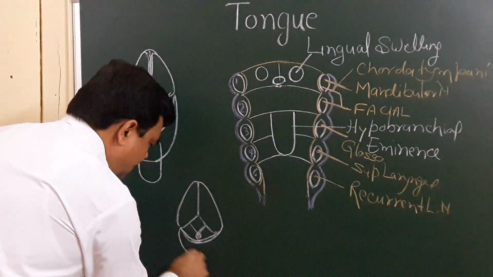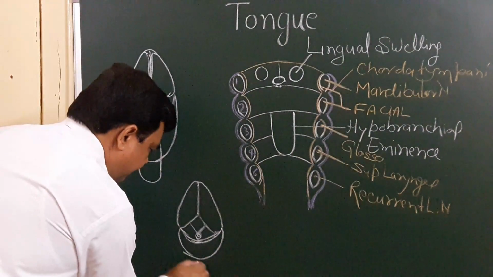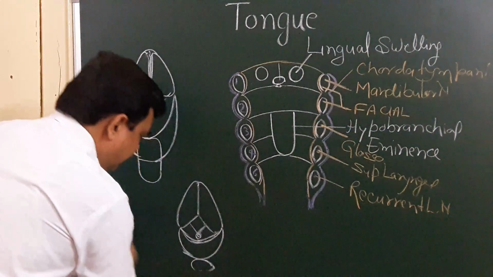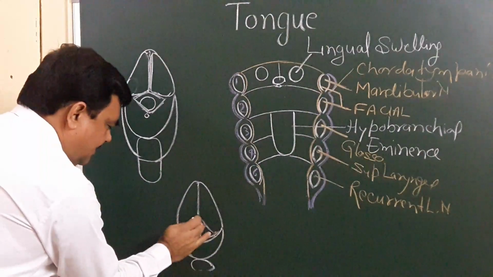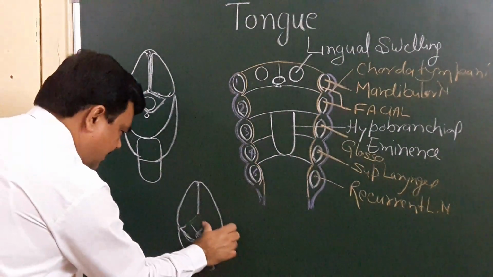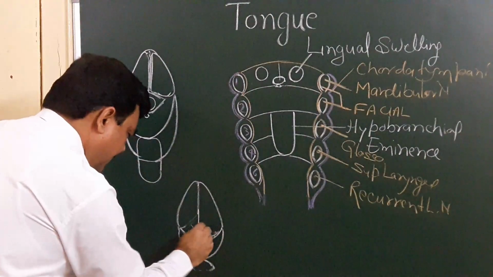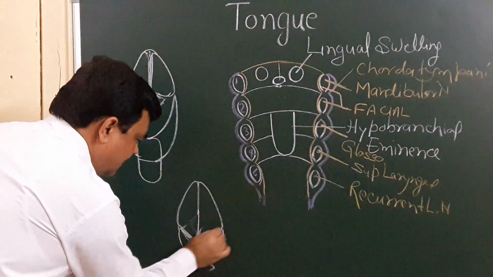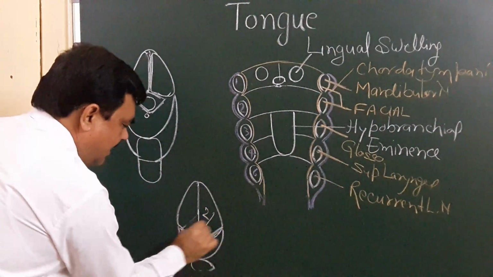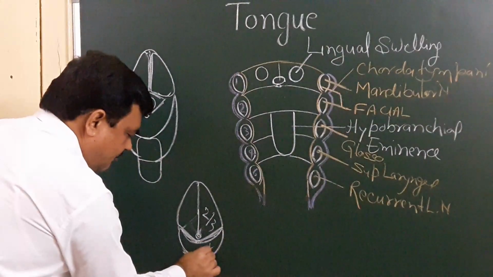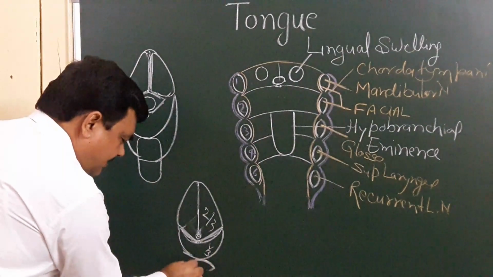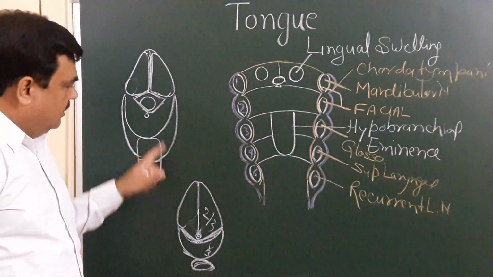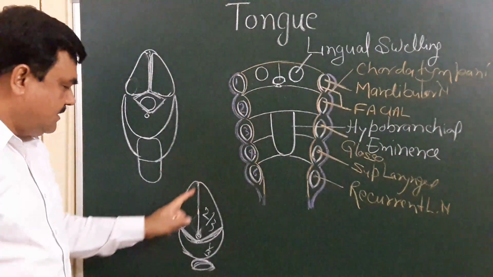This is the copula, and here is the epiglottis. Gradually this portion disappears, and it reaches up to here. So this part forms the anterior 2/3 of the tongue, and this part forms the posterior 1/3 of the tongue. This is the posterior most part of the tongue. So the tongue develops from these structures like this.